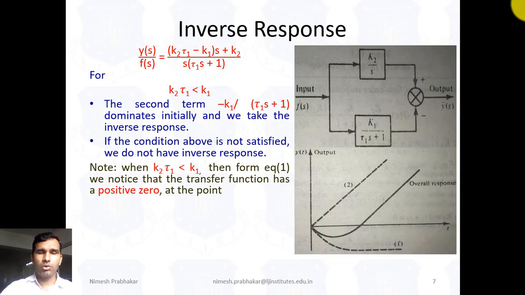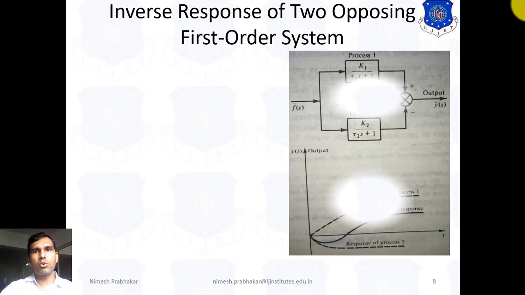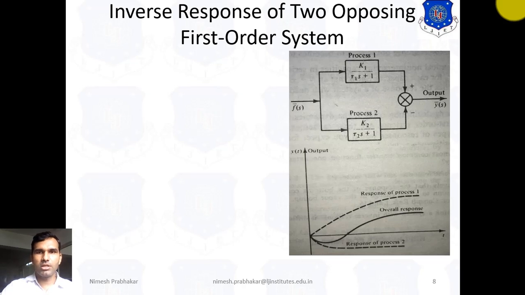Now to understand more, we take another example, inverse response of two opposing first order systems. So this is first order system 1 and this is first order system 2. Here we connected these systems in an opposing manner. That means here this is a plus and this is a minus sign.